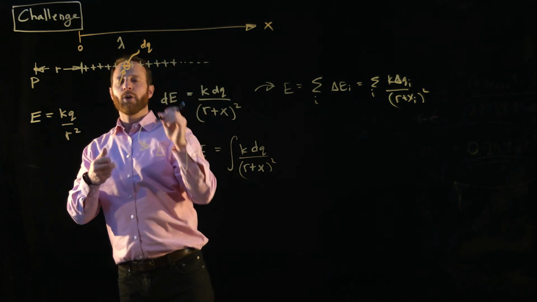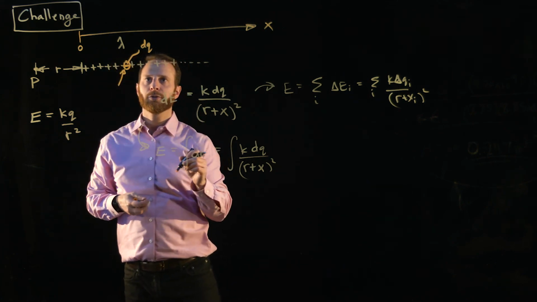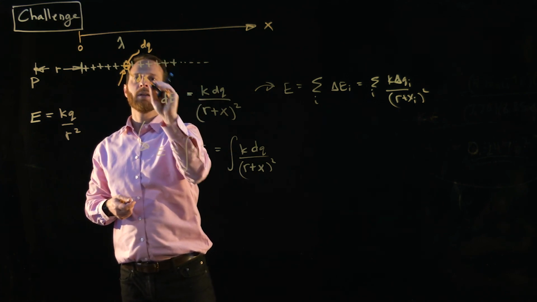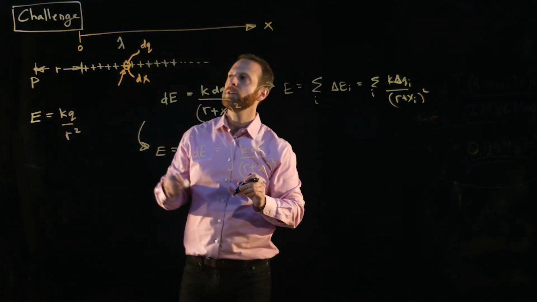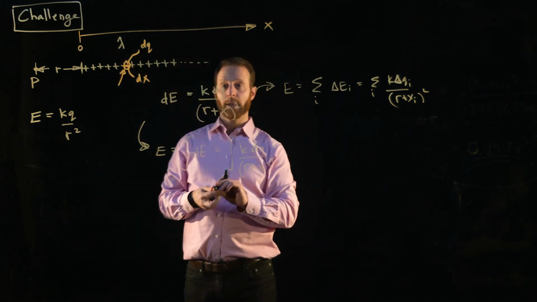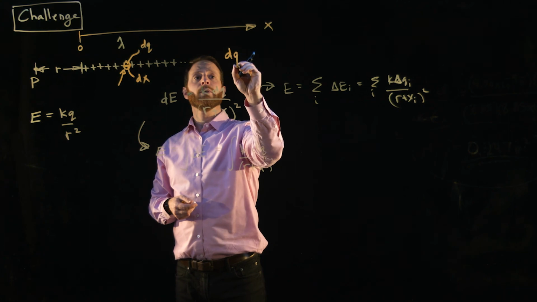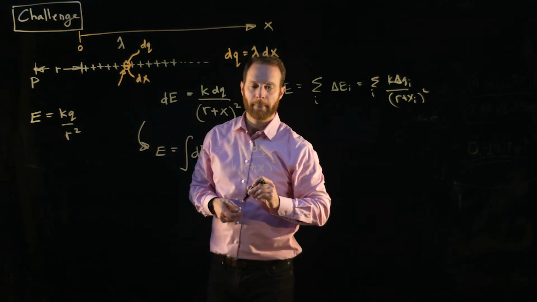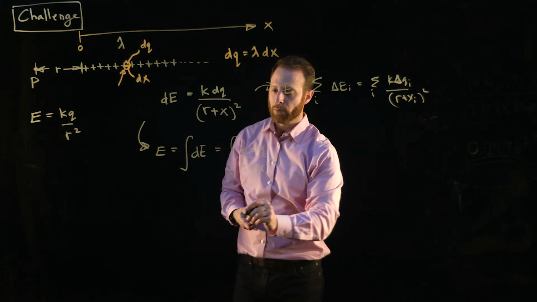So you're analyzing a little bit of charge dq for a little width of line dx, and the relationship between dx and dq involves lambda, the amount of charge per unit length. In other words, dq is equal to lambda dx, and that allows us to actually perform this integral.